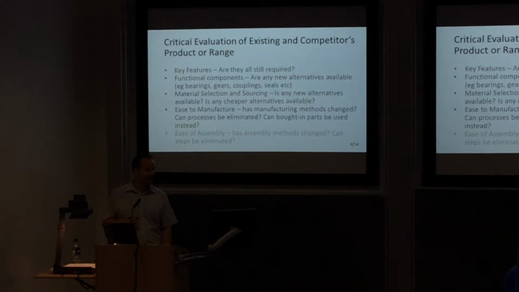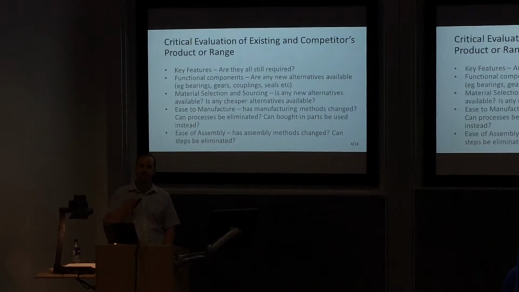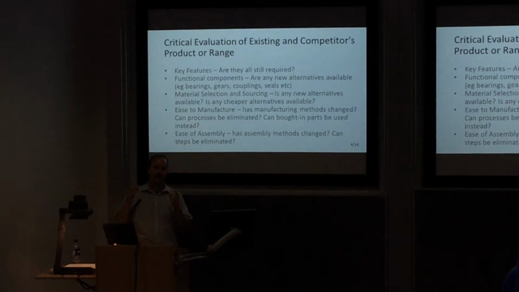Ease of manufacture. I'll not talk too much about that because you've just had about an hour on ease of manufacture and ease of assembly. So these are the key steps to critically evaluate the designs you already have, and also to dissect and evaluate a customer's product.